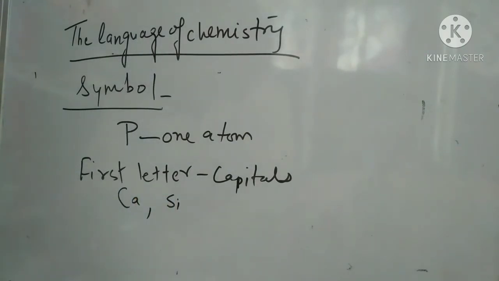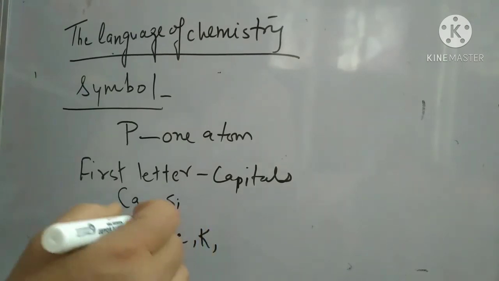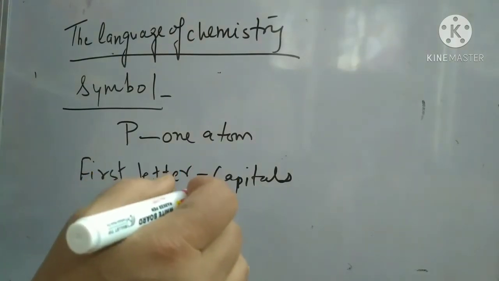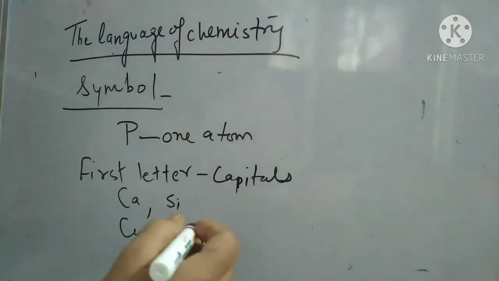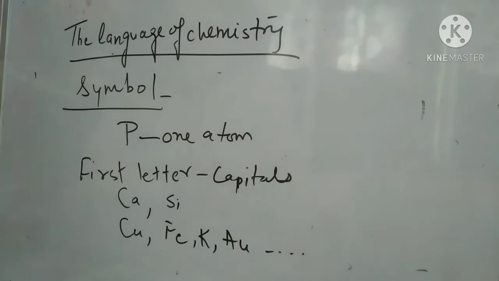Now, the symbols for some metals were derived from their Latin name, like copper from cuprum, then iron from ferrum, potassium from kalium, then gold from aurum, and so on.